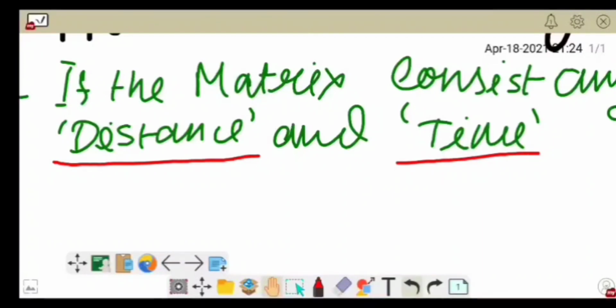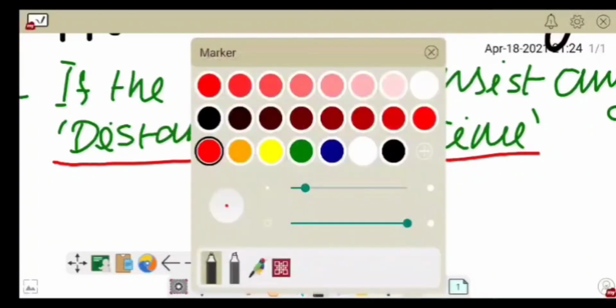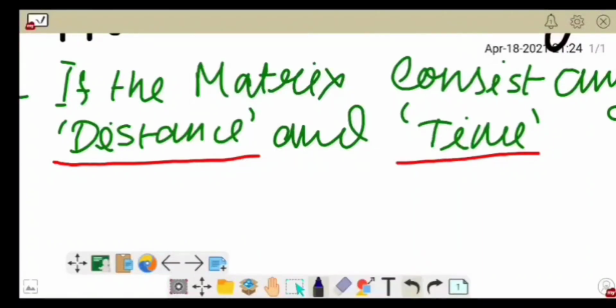Okay, so distance and time are the most used words in minimization type of assignment. When these two words are mentioned in the question, then you can be 100% sure that this is a minimization type of problem and the matrix given is a cost matrix.